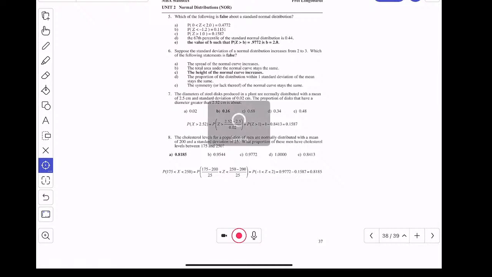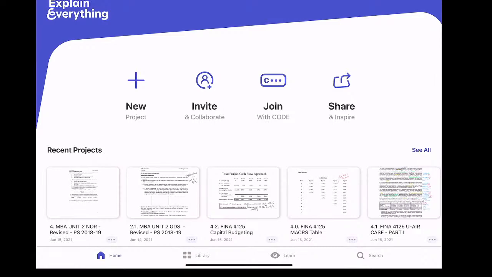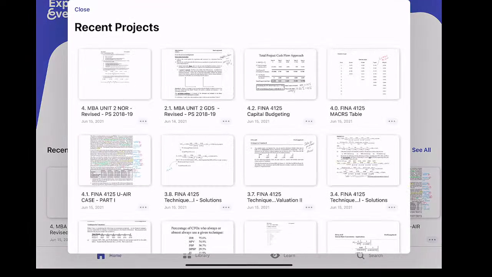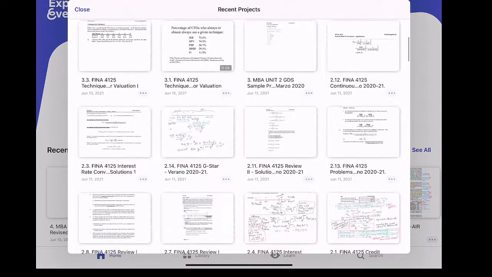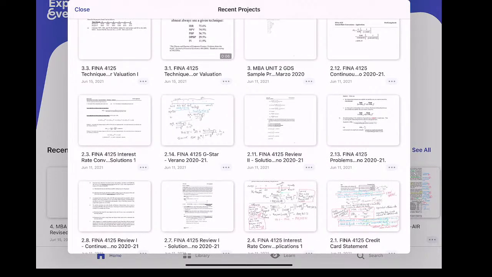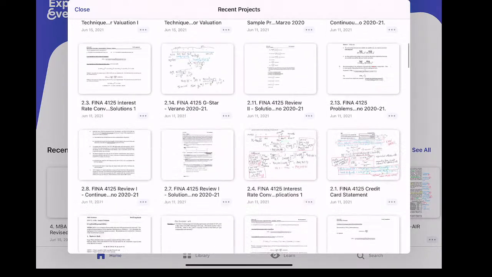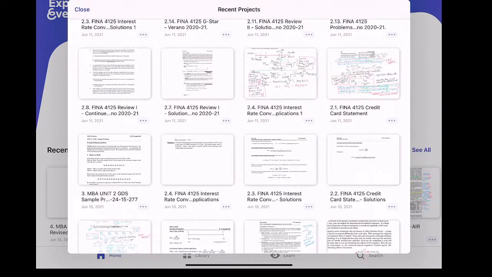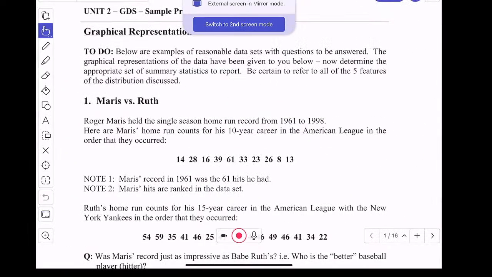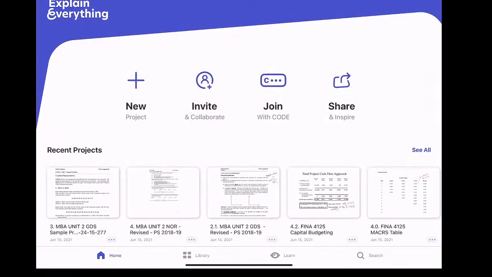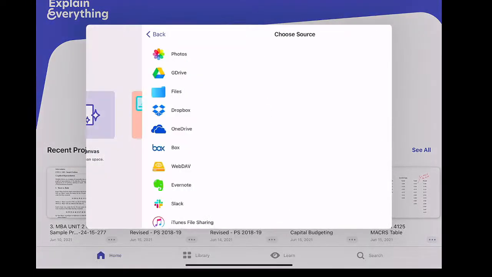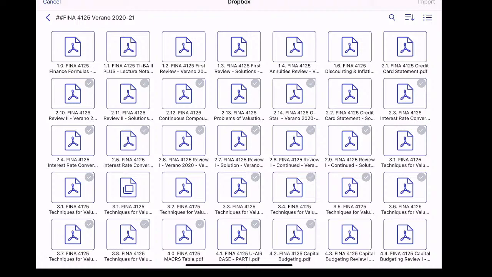So now I want to ask you about the GDS unit that I left you with. I'll just go get another copy.